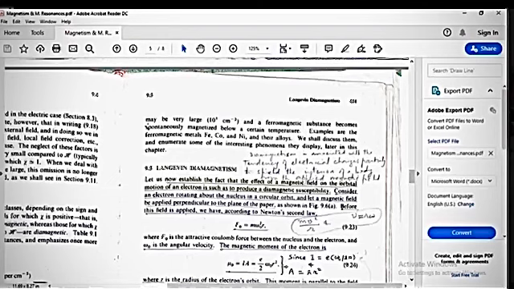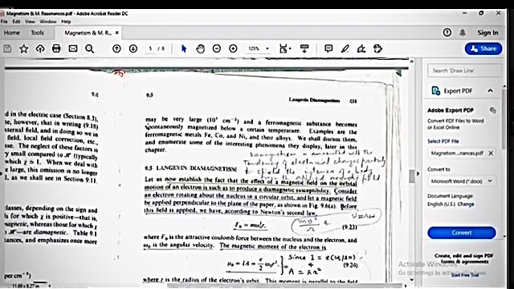Now, what is diamagnetism? It is associated with the tendency of electrical charges partially to shield the interior of a body from the applied magnetic field. Okay, in the atom, you know that there are the outer electrons in the outermost shells, and then there are the inner electrons.